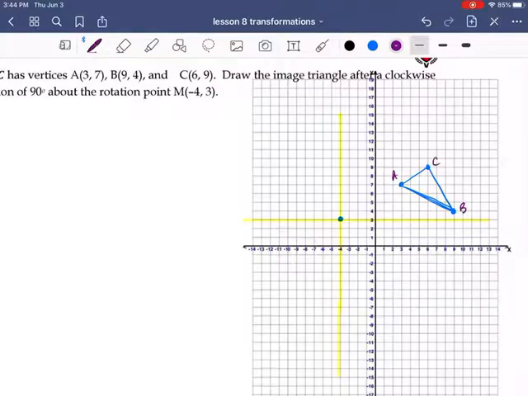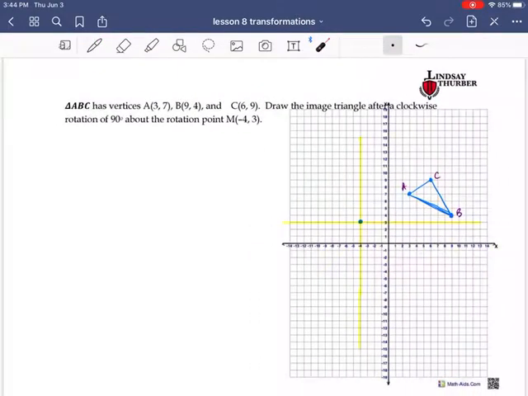Okay, so point A, we also need to figure out where we're rotating it. So we're rotating it clockwise 90 degrees. So if this is quadrant 1, we'll call that 2, quadrant 3, and quadrant 4. So clockwise 90 degrees puts it into this quadrant. So that's our first thing we need to do.